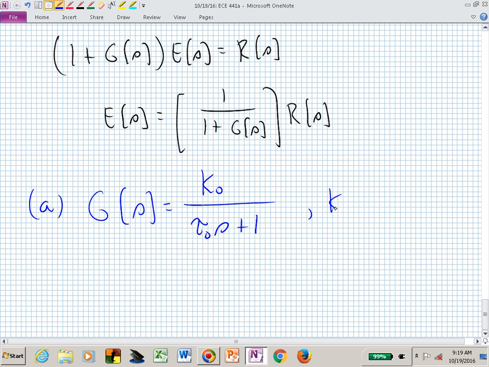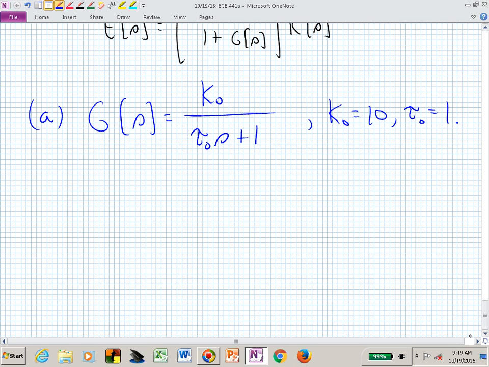And for this case, let's say that k sub 0 is 10 and tau sub 0 is 1. How many integrators or poles at the origin exist in this G of s, in this plant? How many poles do we have at the origin? We don't have any, do we? So this is a type 0 system.